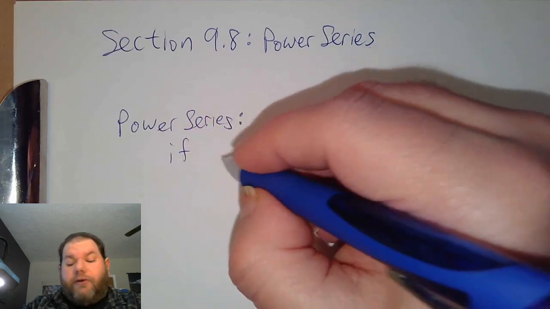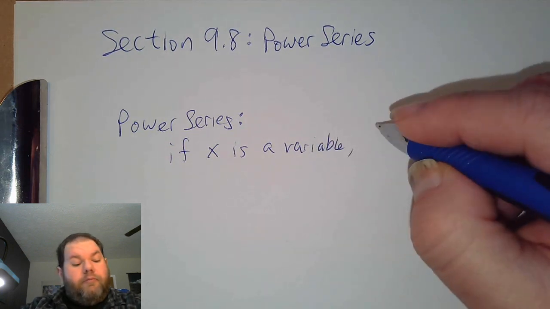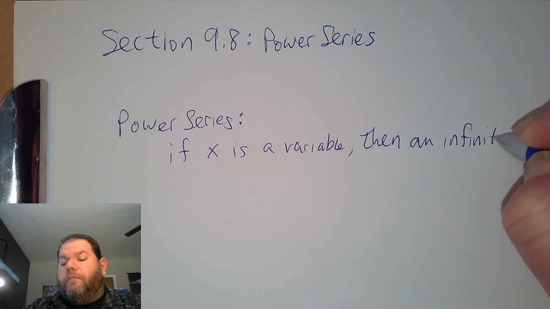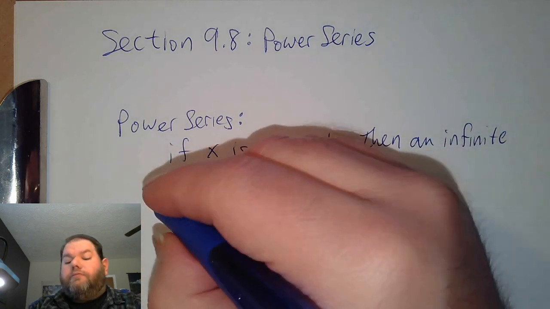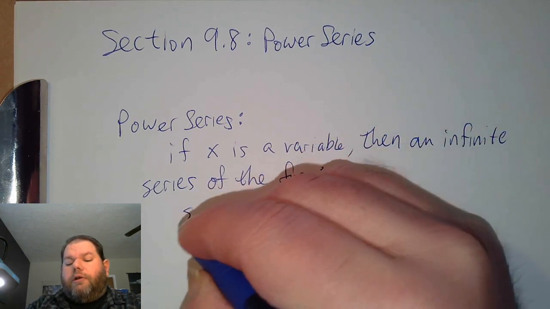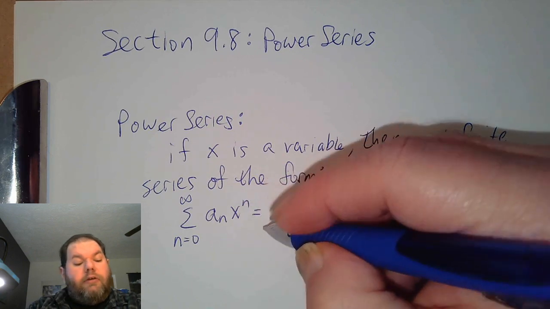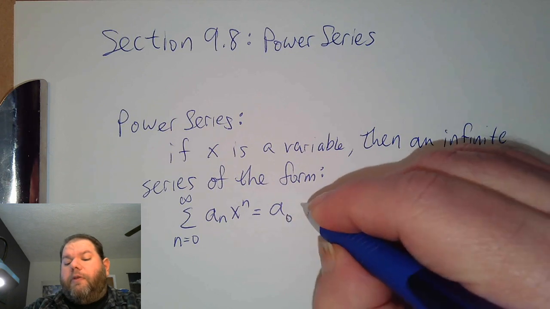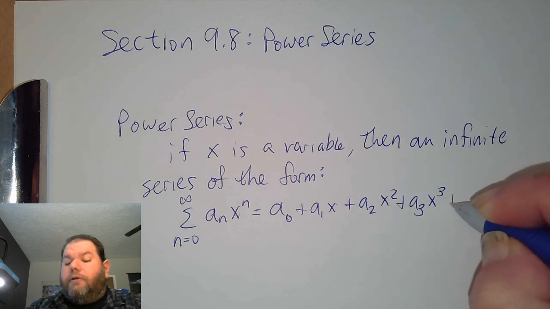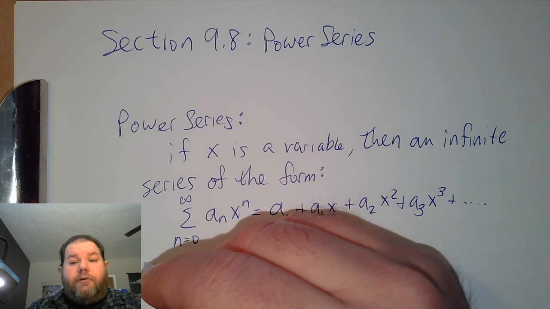It says if x is a variable, then an infinite series of the form the sum as n equals 0 to infinity of a sub n times x to the n is equal to a0 plus a1x plus a2x squared plus a3x cubed, and so on, is called a power series centered at 0 specifically.